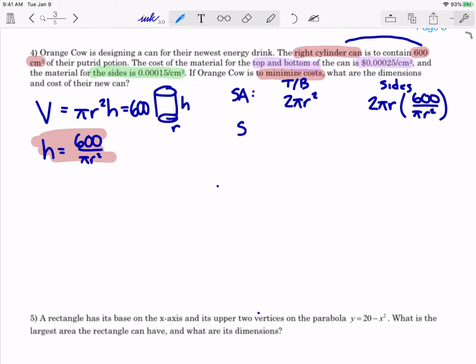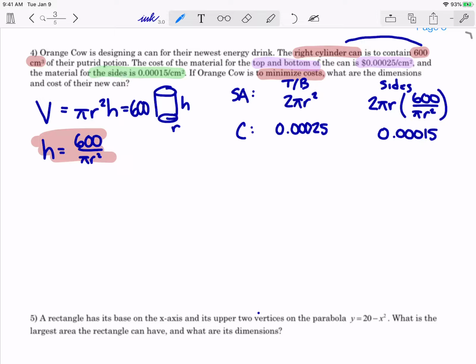So then the cost, I'll actually use a C instead of an S. The cost for the top and bottom is 0.00025. For the sides, that 25 becomes 15. Usually that material on the top and bottom is a little sturdier than on the side, so it's a little more expensive to produce.